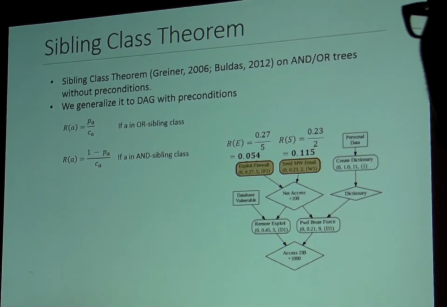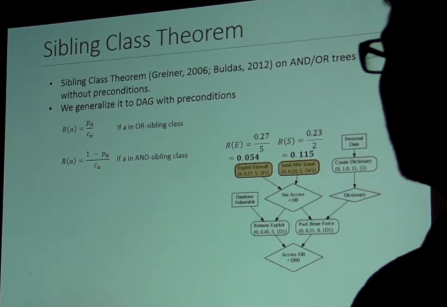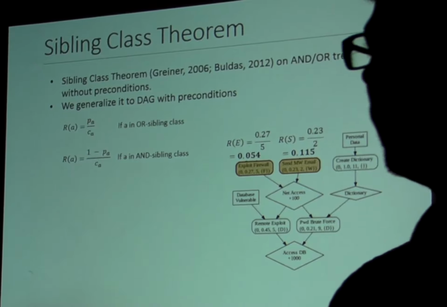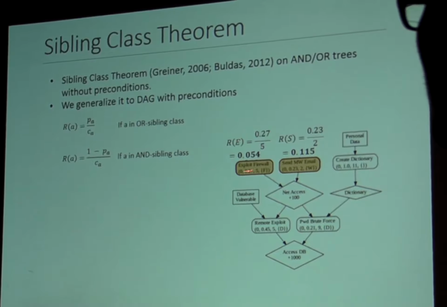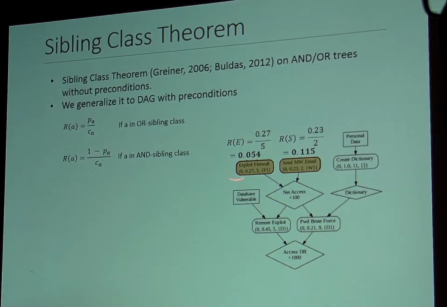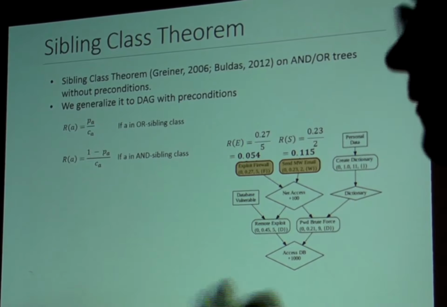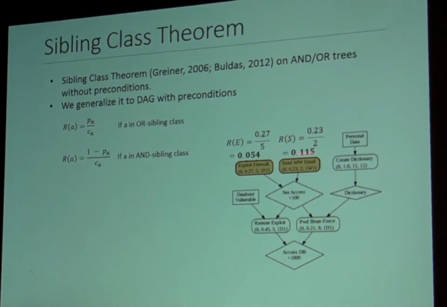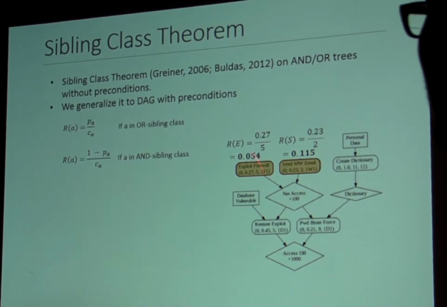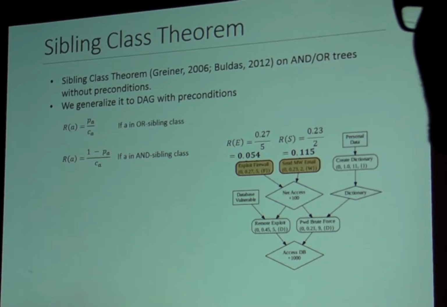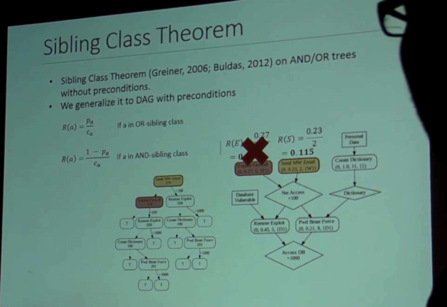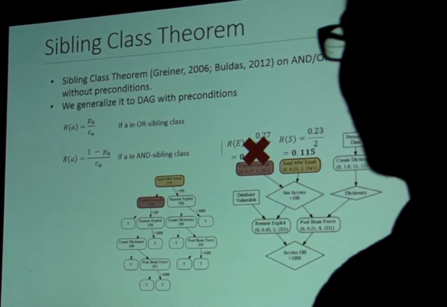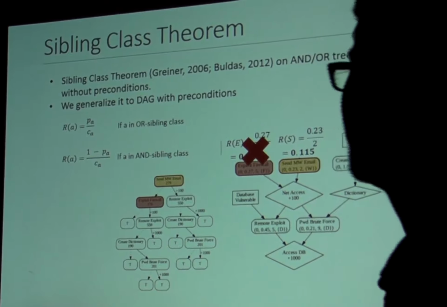This ratio value says how much probability there is per unit cost for this action. A rational attacker will definitely not do the action with a lower ratio if there is another action with a higher ratio within this class. So between these two actions, the optimal attacker will definitely not do the first action. It's a simple rule, right? But it helps a lot in finding the optimal attack policy.